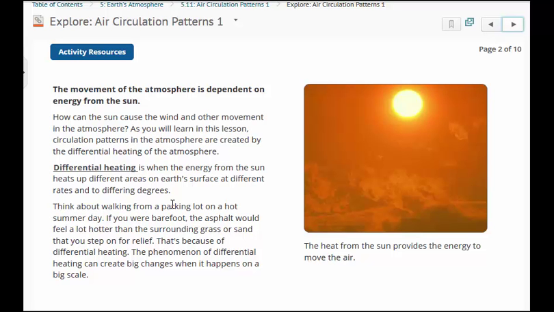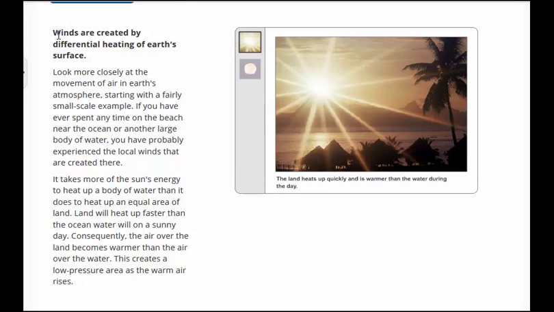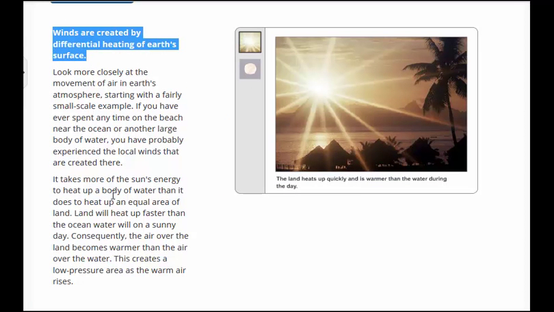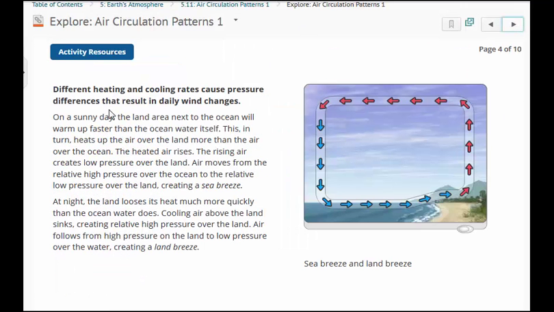And because there are differences in heating, that causes global wind. It's a difference in high to low pressure. Winds are created by a differential heating of the Earth's surface. Why? Because it causes pressure changes that result in daily wind changes.